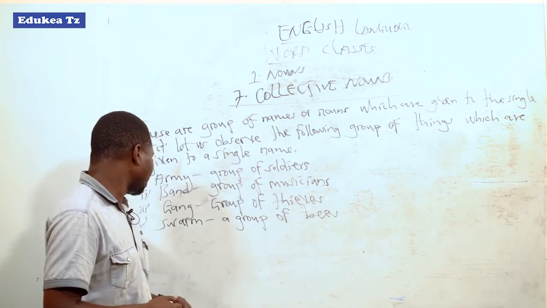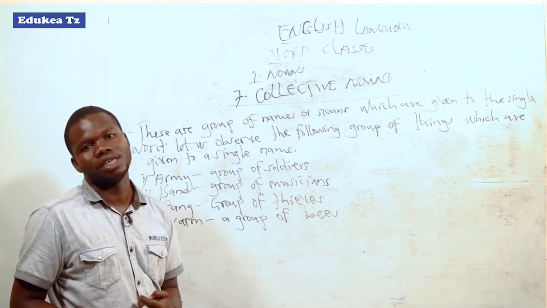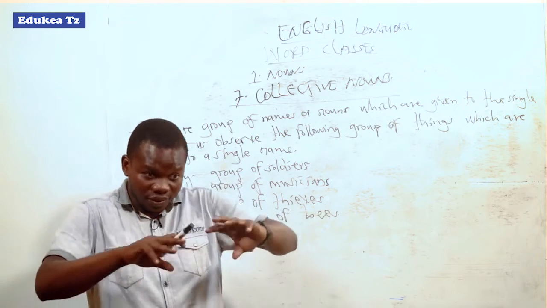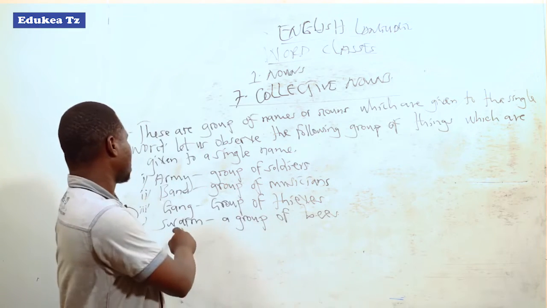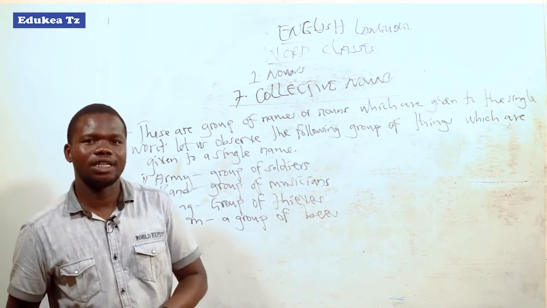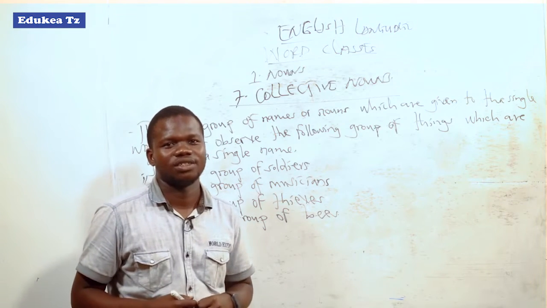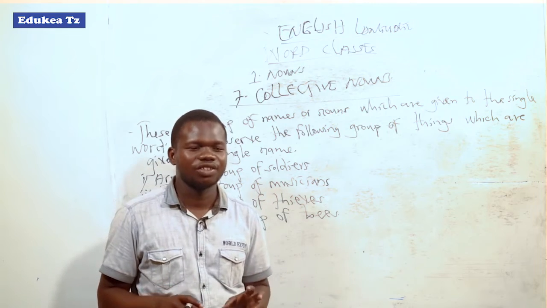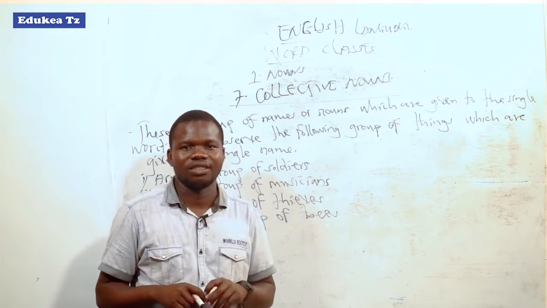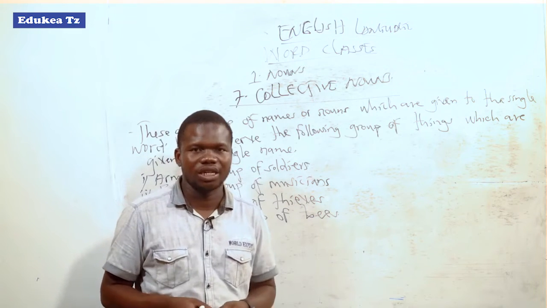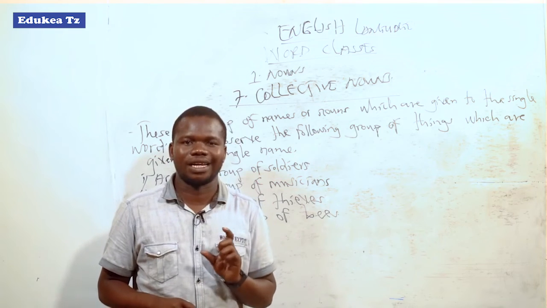The last but not least is swarm. A swarm is a group of beings. Once those beings are together, we call it a swarm. So these are types of collective nouns. We have to understand them so that we may identify them in our sentences, text or utterances.